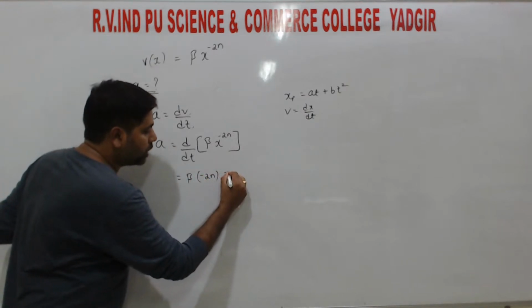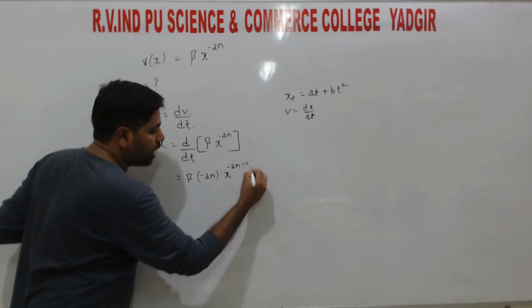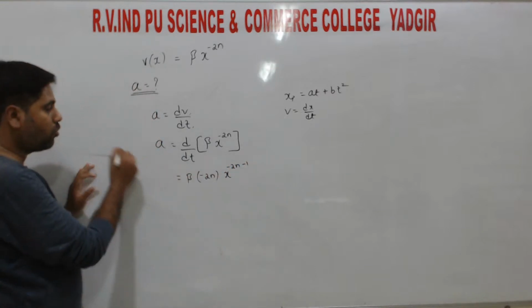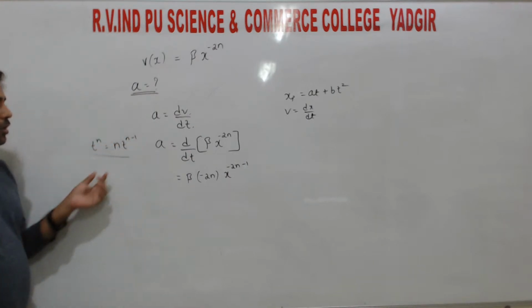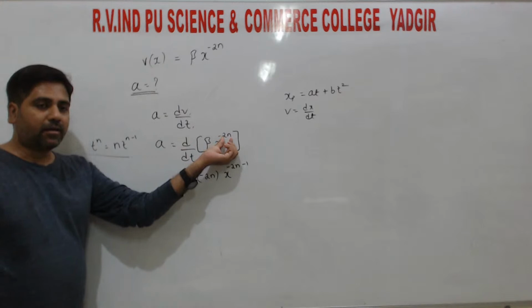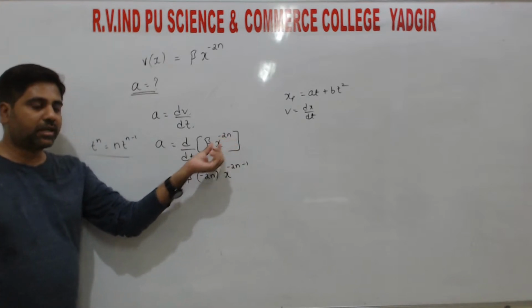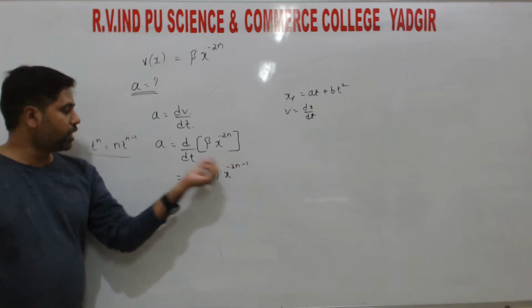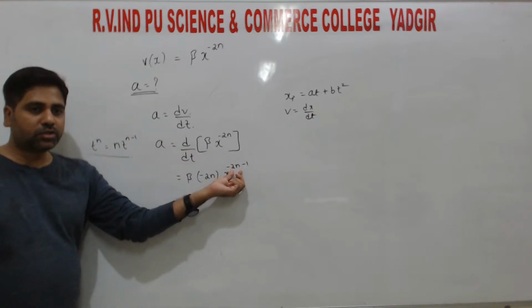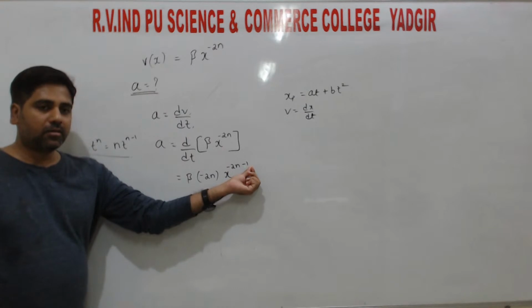So x power minus 2n minus 1. This is the formula: t power n differentiates to n into t power n minus 1. Minus 2n is a constant, so keeping as is, minus 2n, x power minus 2n minus 1.